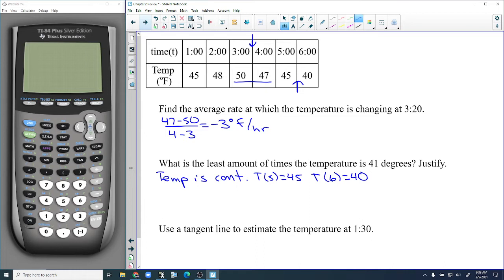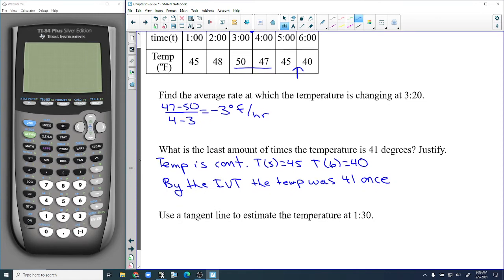That means somewhere in there it was 41. And we can say by the intermediate value theorem, the temperature was 41 once. One time. I don't see anywhere where it could have been, or it's guaranteed to be 41. It could be, but not guaranteed. Only one time that's happened.